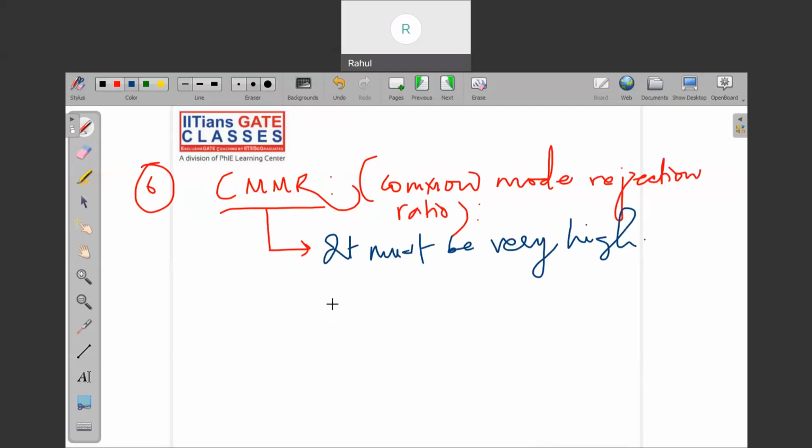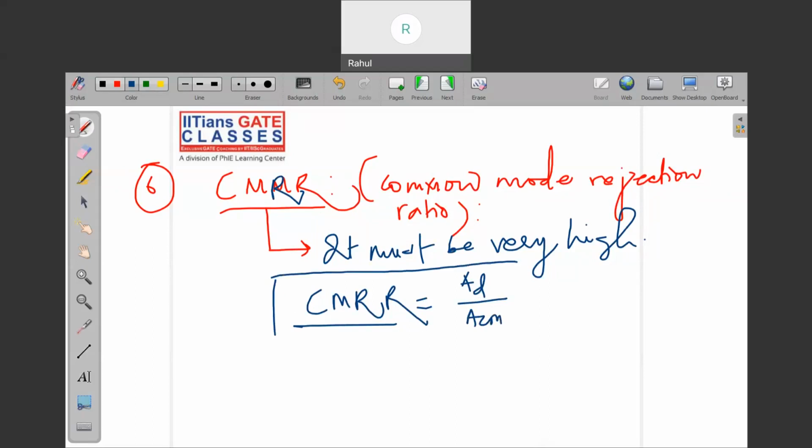How is the CMRR defined? CMRR is the ratio of the differential gain AD upon the common mode gain ACM.